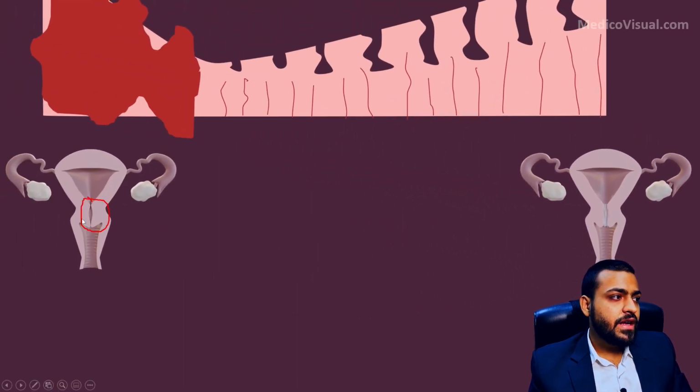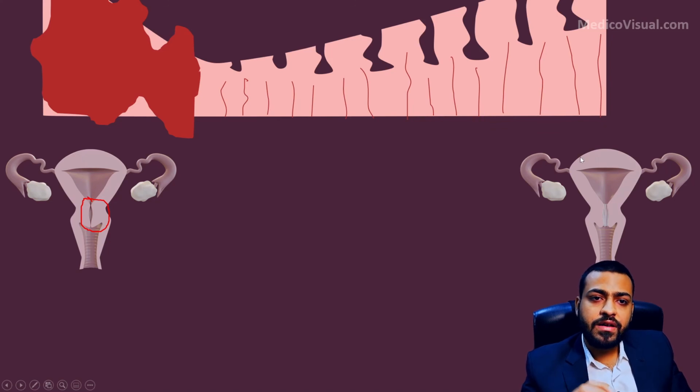Along with that, what happens to the mucus secreted by these mucosal glands? Initially the mucus is thick and dry, but as the estrogen level continues to rise gradually, the mucus starts to become thin and watery.